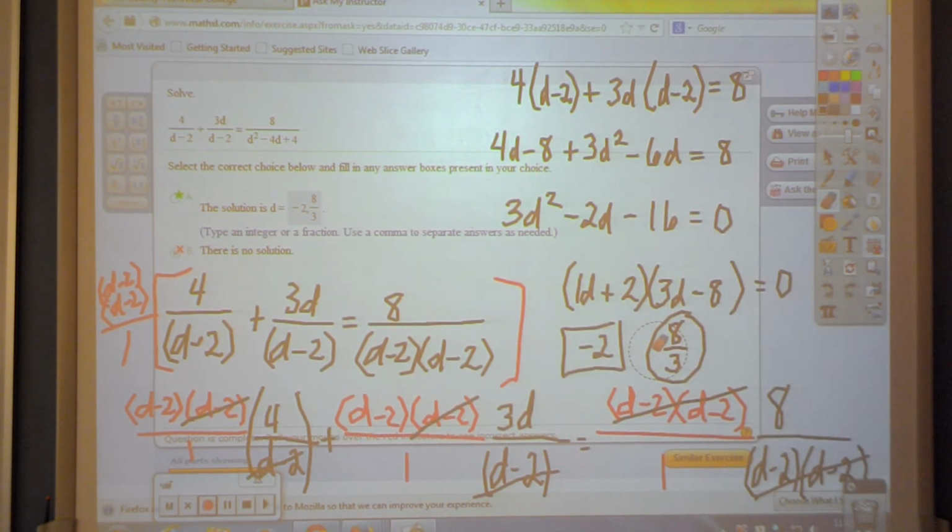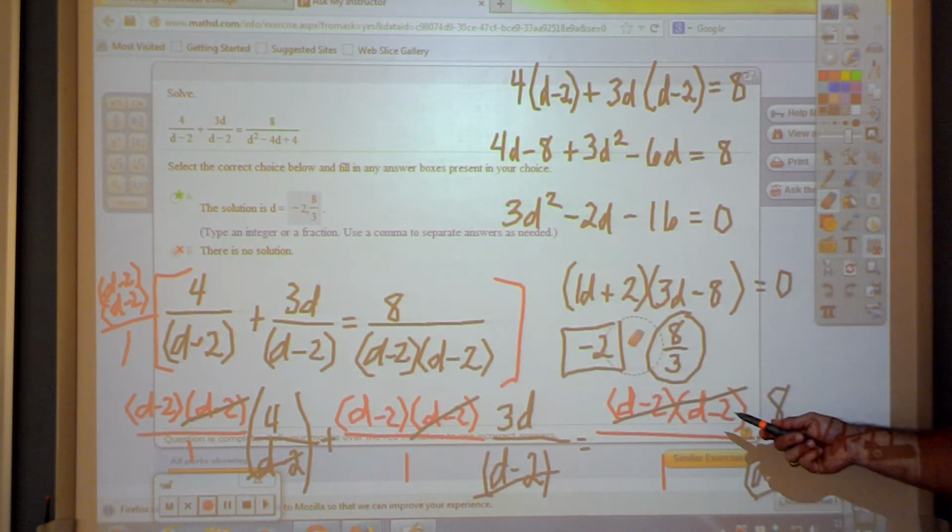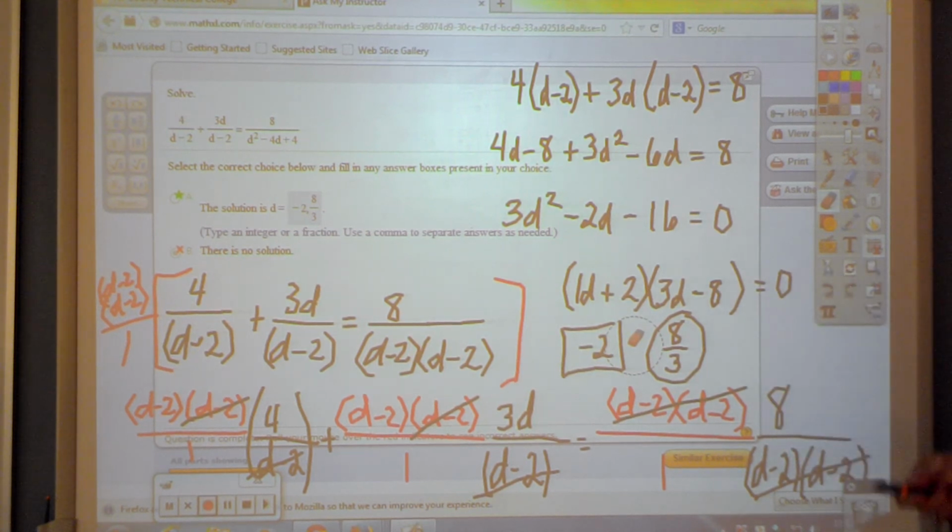And then I put in the 8/3, and both of them are okay. They will not give you a 0, so that's your answer. And that is a test question. Anytime you see one of these questions, it's a test question. Especially plugging it back in, because I will put one on there that is no solution. So make sure you check.